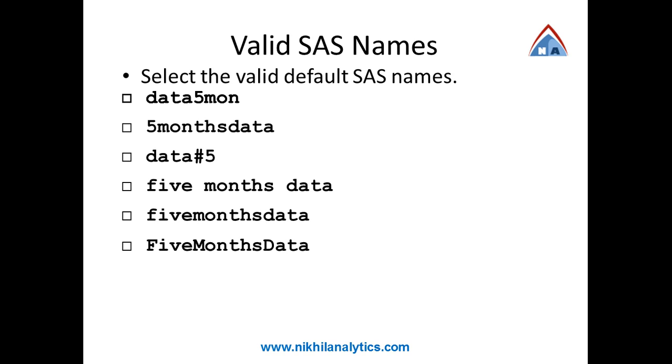So here I have given some SAS names. Can you identify which are the valid names? The second one starts with a digit. The fifth and sixth are the same.